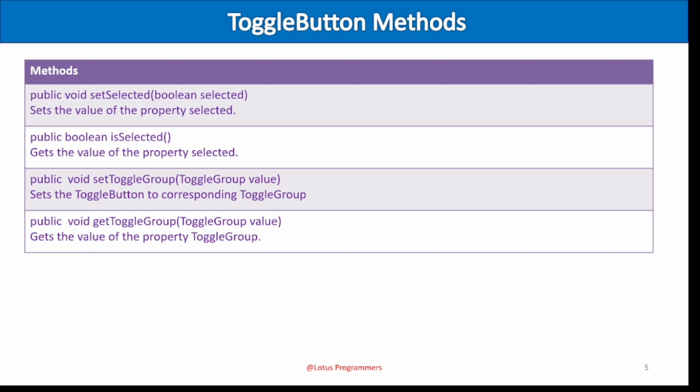Next, if you would like to set the toggle button into a toggle group, call the setToggleGroup method, with the argument being an already created toggle group object. To retrieve which toggle group the toggle button belongs to, call the getToggleGroup method. So this is the way we can call the methods that are required for working with the toggle button.